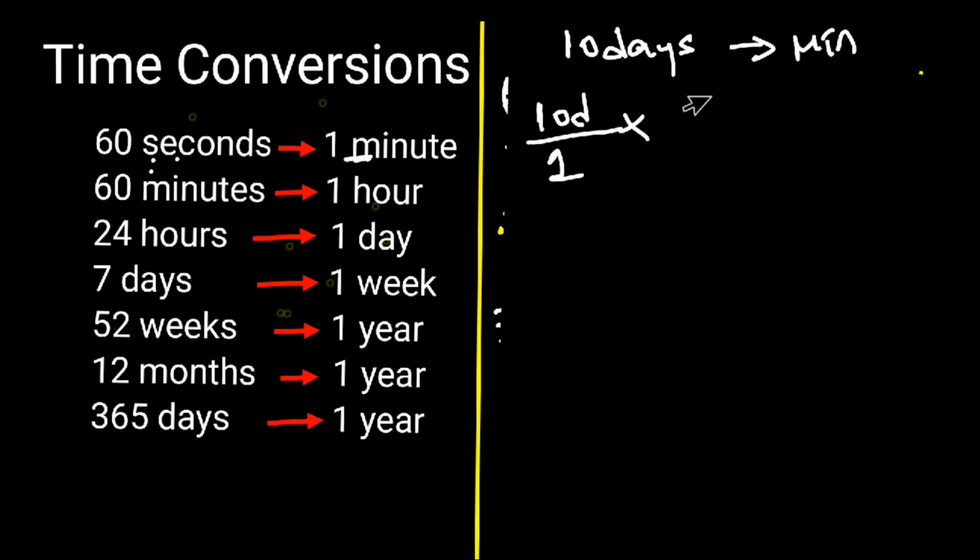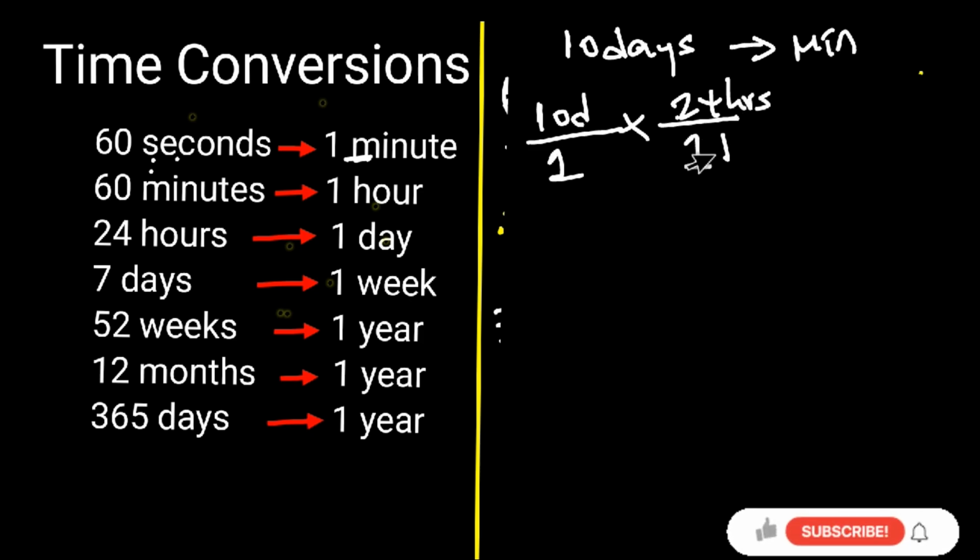So after days is hours, because we are going from days to minutes, going from higher units to lower units. So after day is hour, so we have that 24 hours make 1 day, as we have here.